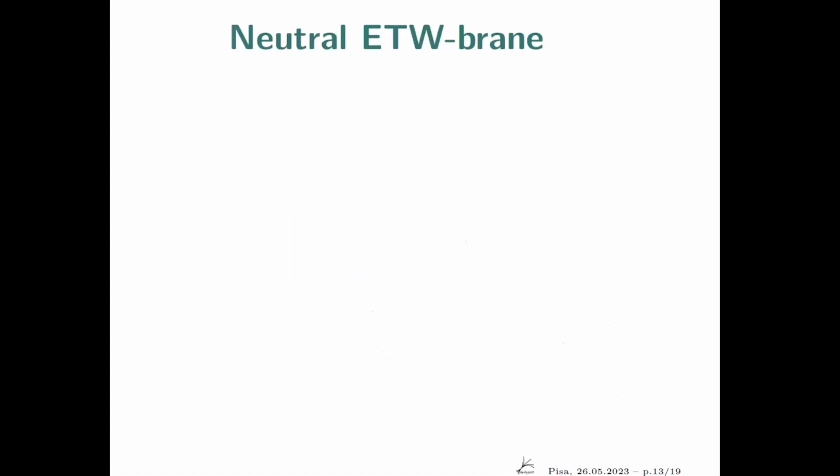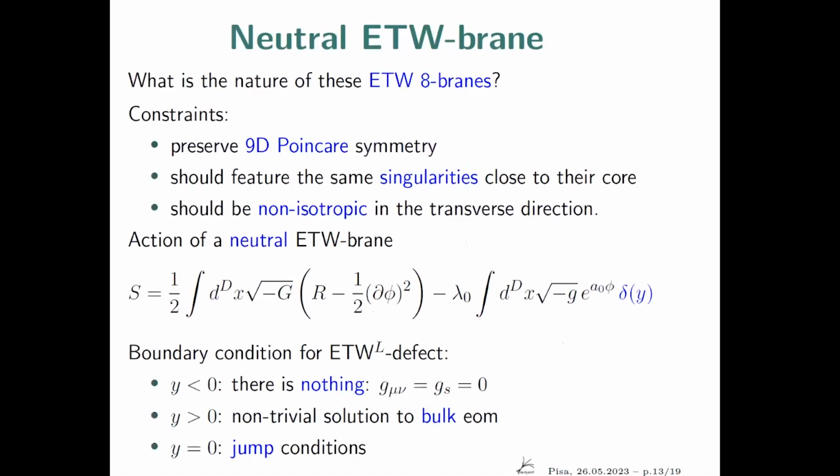Now the question is, can we introduce an object that close to its core has precisely the same behavior as these end-of-the-world branes that we expect to exist, which close off space-time? They should have boundary conditions that describe the end of the world. First of all, it's a codimension 1 brane, so there is this delta function.